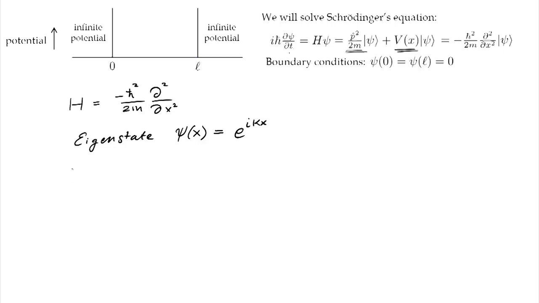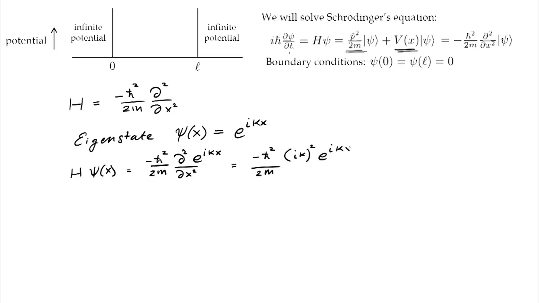Because when we look at H times psi of x, this is minus h bar squared over 2m d squared by dx squared of e to the i kx. When you differentiate twice, you get minus h bar squared over 2m times (ik) squared e to the i kx. i squared is minus 1, so you get h bar squared k squared over 2m e to the i kx.